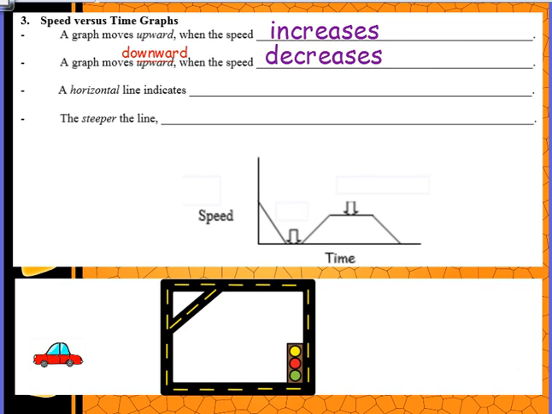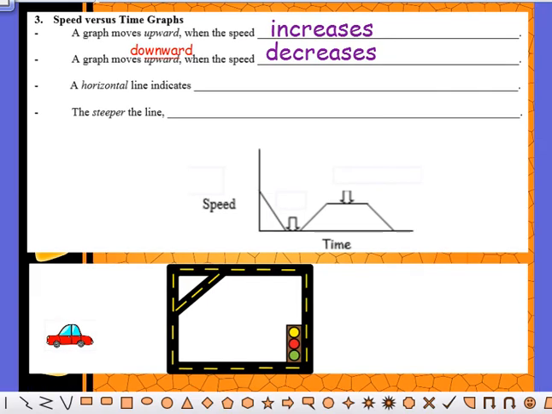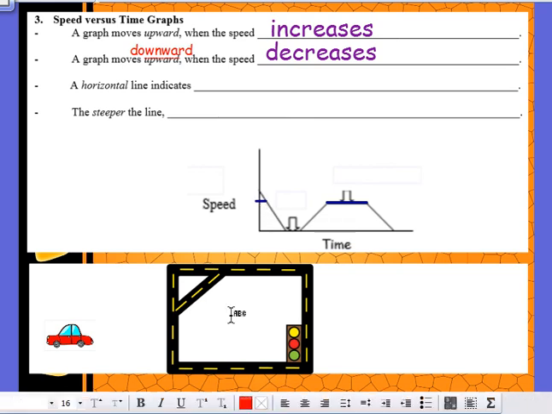Okay? So, a horizontal line just like we did before. Let's take a look at this horizontal line here. As time is going on, what's happening to the speed? Now in this example, let's say the speed was at 30 miles per hour.